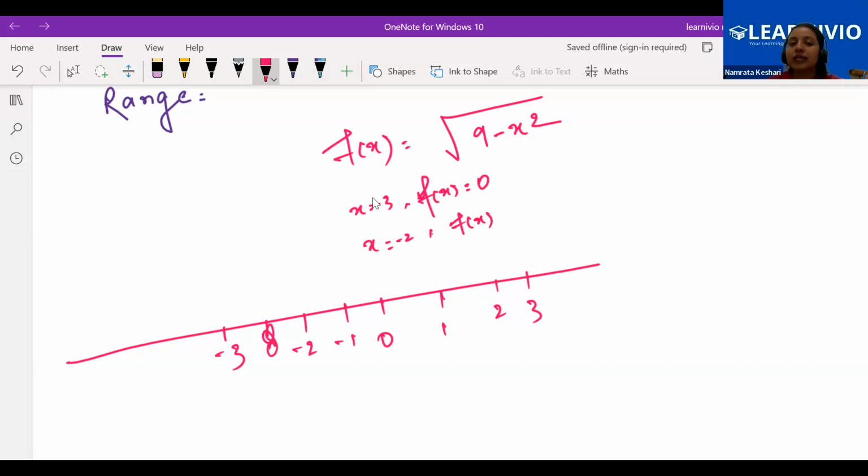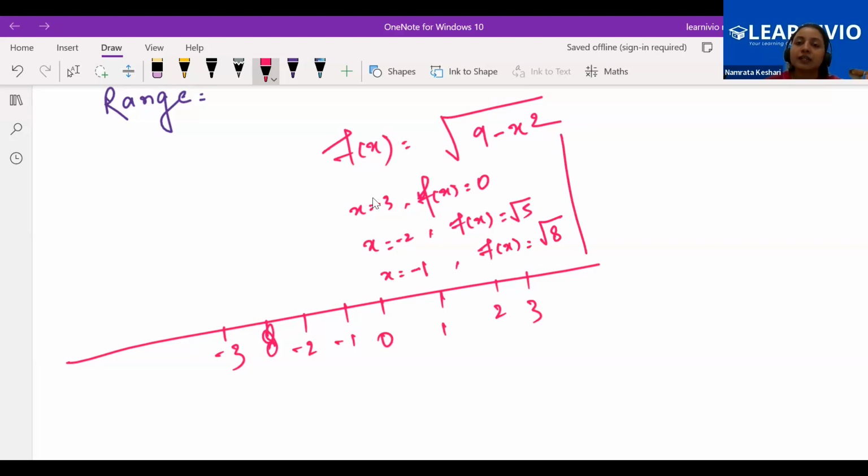When you take x as -2, basically you get √5, right? Yes. When x equals -1 we are taking, then f of x will be √8, right?